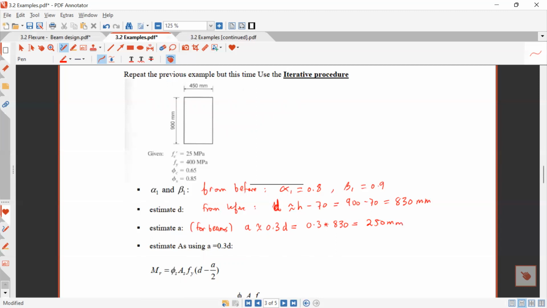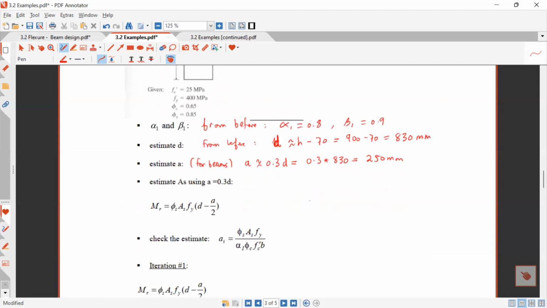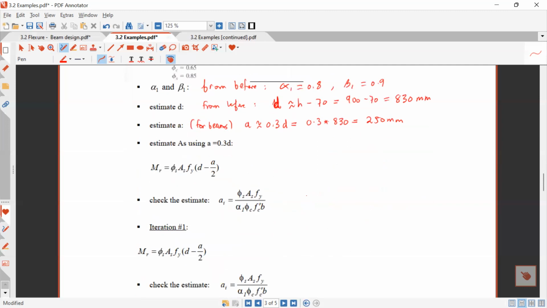This is our initial estimate for A. Then I can plug this in here, so I'm going to end up with MR equal to phi S AS Fy times 0.85D.